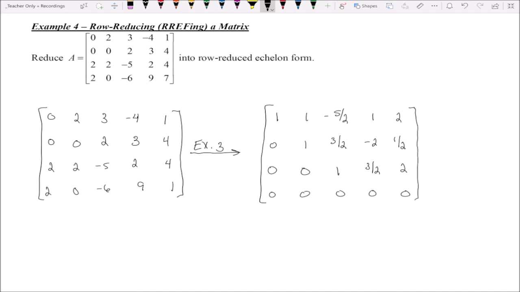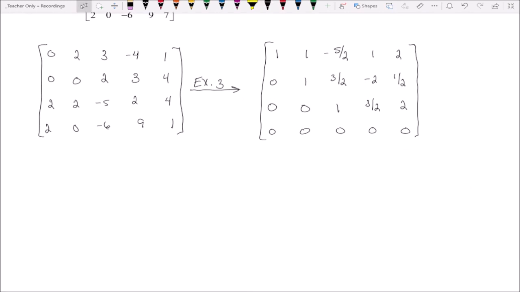Okay, now from this stage, we go down to the last non-zero row, which in this case is row 3. Look for the leading 1. It's in column 3. What we want to do is zero out every entry above that leading 1.